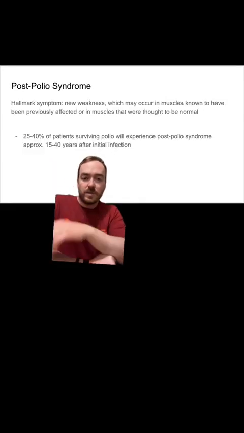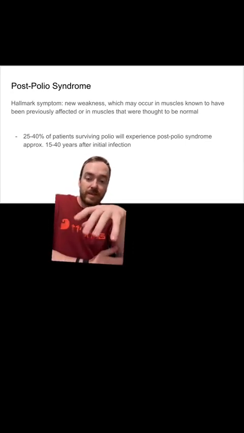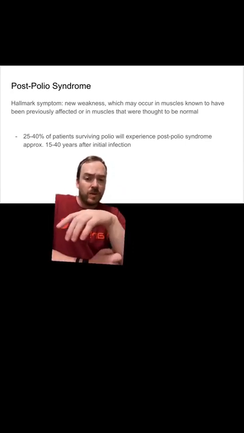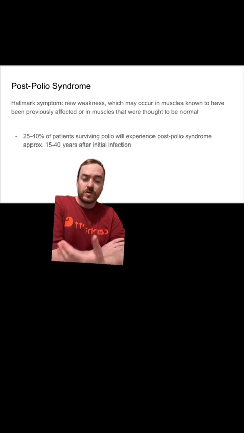So the hallmark symptom of post-polio syndrome is new weakness, which may occur in muscles that were previously affected by polio or in muscles that were thought to be completely normal. The reason that this weakness happens is not fully understood, but as we get older, we all go through a certain amount of muscle denervation or just neuron degradation.